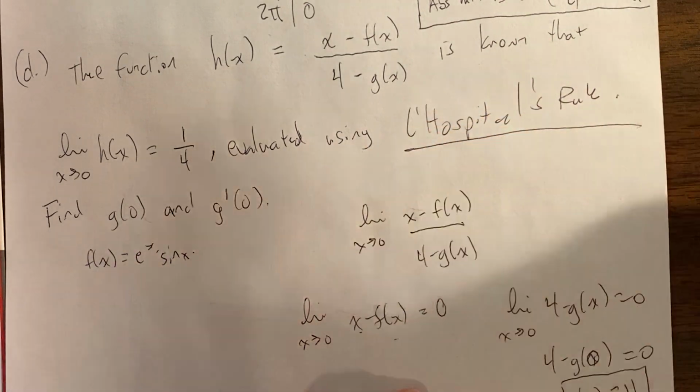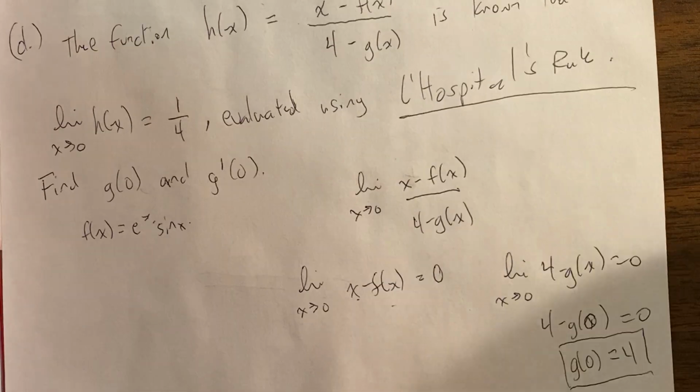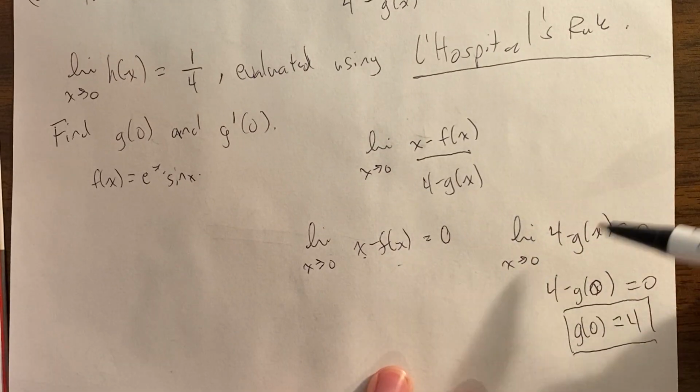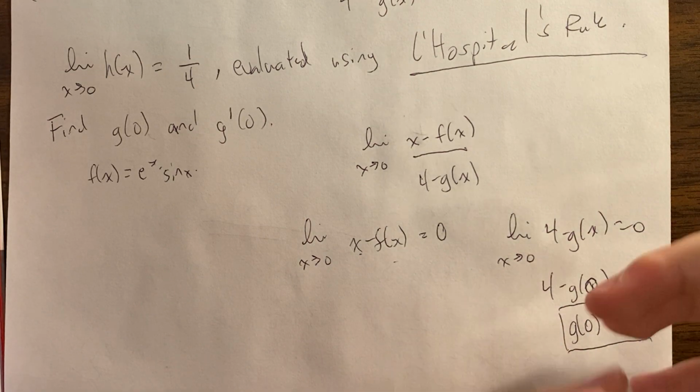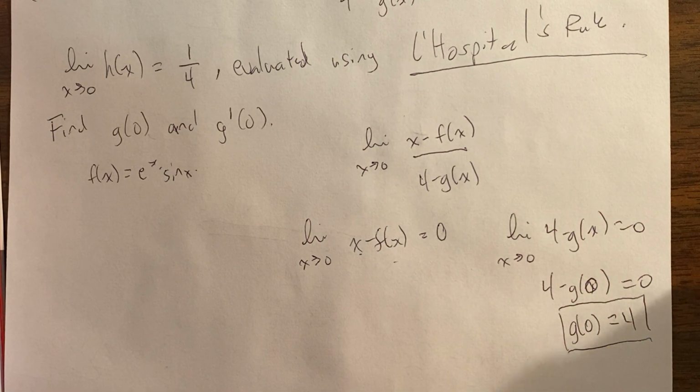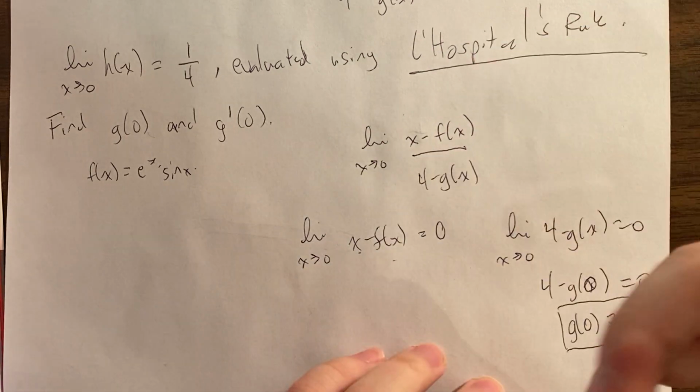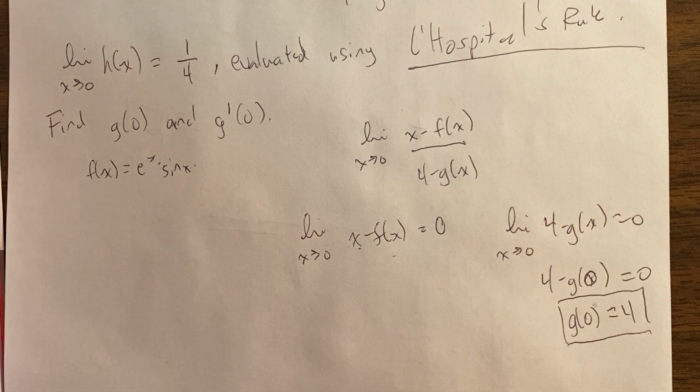Great, that's one of the numbers we were trying to find. So in this question, the fact that the limit of the bottom equals 0 has to give us what g of 0 is. We haven't even actually done L'Hopital's rule, but just the requirements gave us this right here.